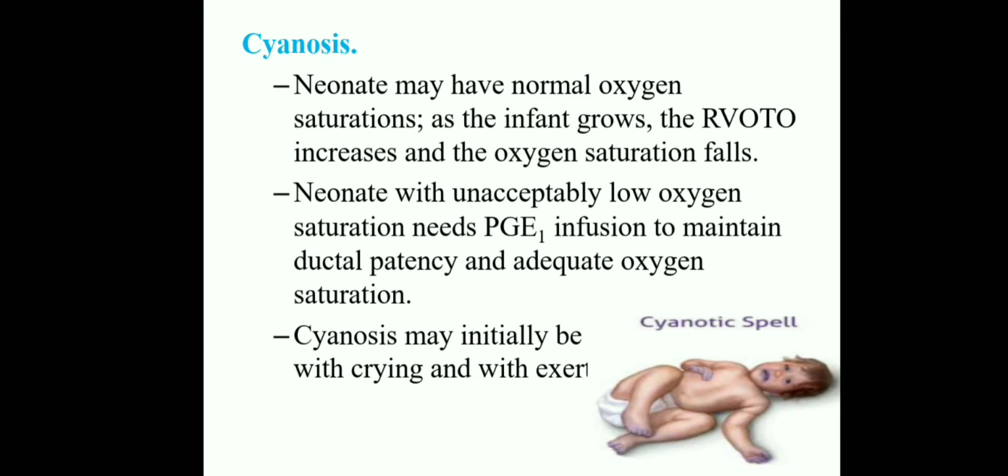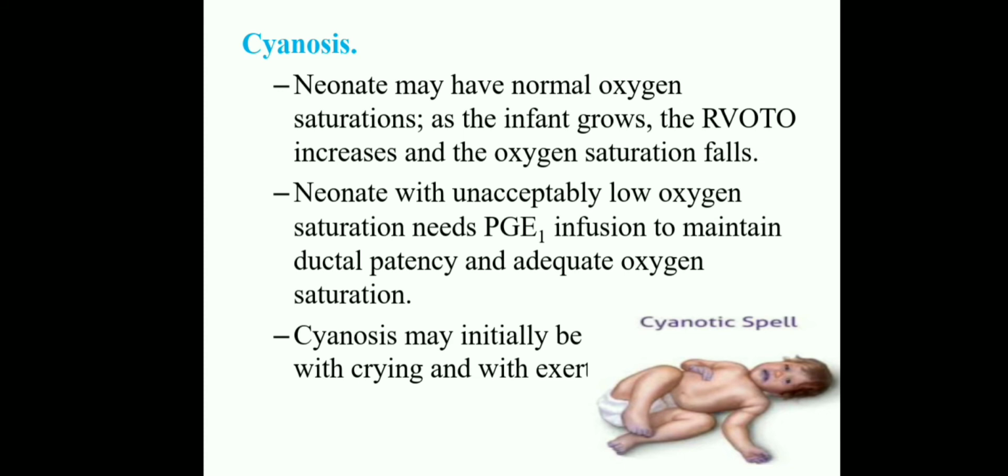A neonate with unacceptably low oxygen saturation needs a PGE infusion to maintain ductal patency, and adequate oxygen saturation should be maintained. Cyanosis may initially occur with crying and with exercise.